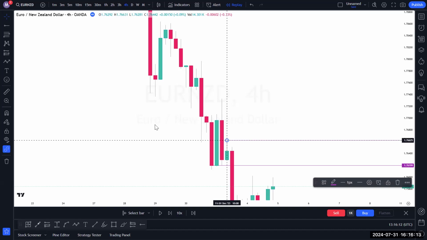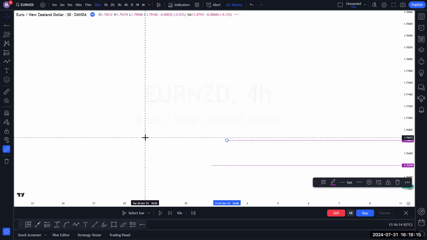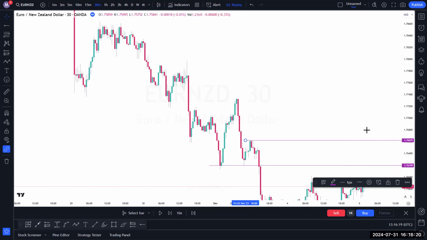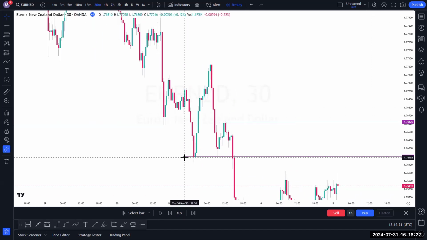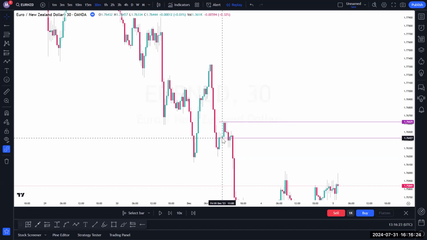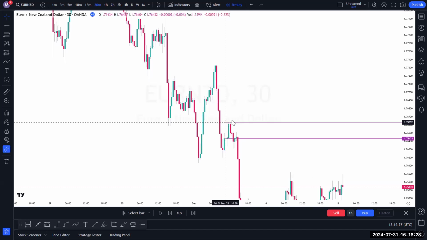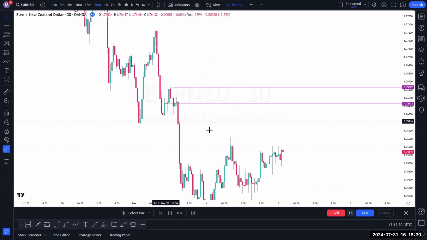So to be on the safer side, you can extend your invalidation point to the other level. We can clearly see you could have observed this liquidity flip inside this area, the liquidity flip around that area, and take your entry with ease.